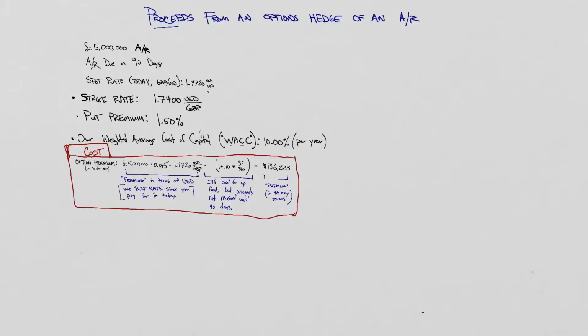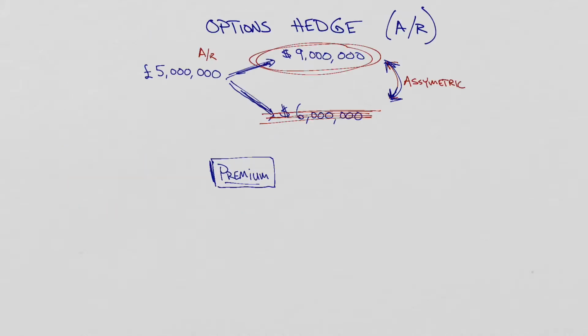And the truth is, we don't really know the benefit of the option. We don't know its full benefit until the 90 days is finally over, because the benefit really depends on what the spot rate ultimately ends up at. Because we get to keep the upside from an options market hedge, all we really know is that we've capped our downside.